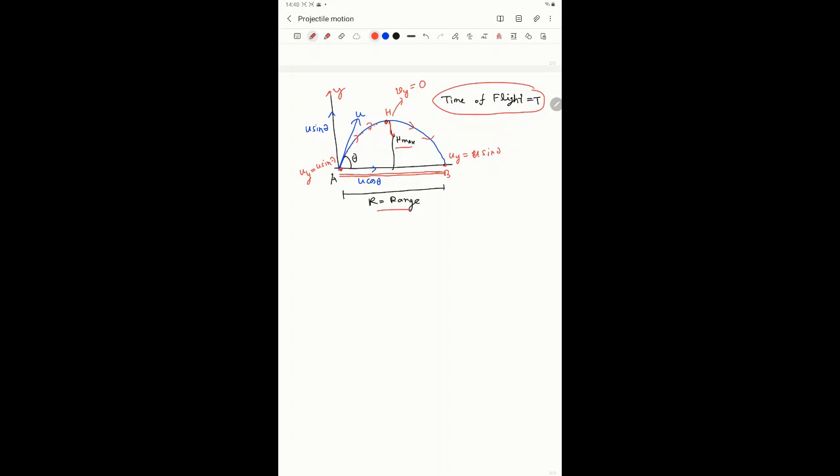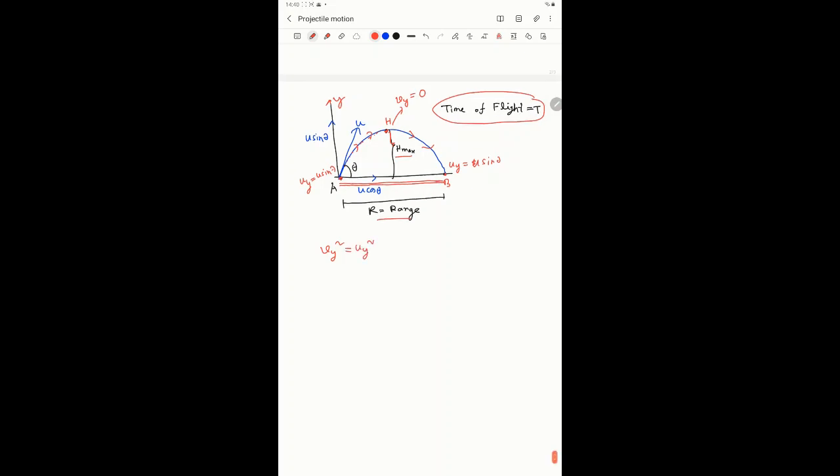So from vy, we can write that vy square equals uy square plus 2gh. Actually, we know the equation v square equals u square plus 2 into f into s, where v is the final velocity, u is the initial velocity, f is the acceleration, and s is the distance or height.